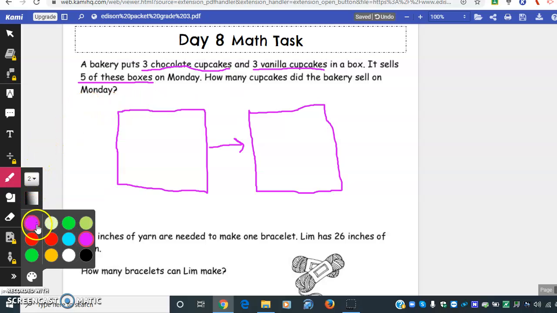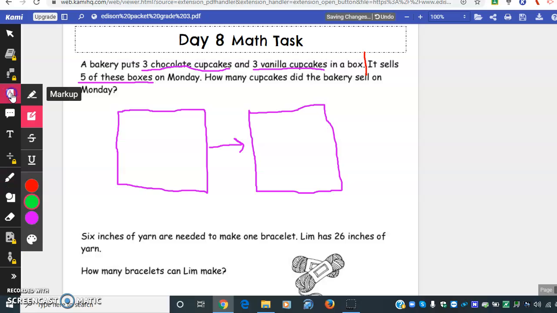Step 1 is going to be where the first 2 numbers kind of leave off, right here. I want to go with the very first section. A bakery puts 3 chocolate cupcakes and 3 vanilla cupcakes in a box.